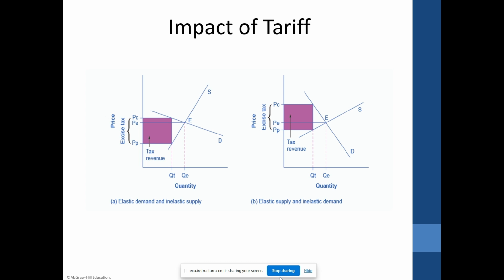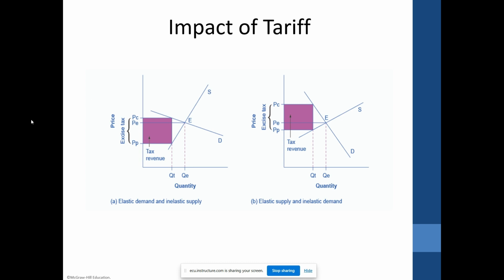Will the consumers pay for that? It depends. If the demand is elastic, or the consumers are sensitive to the price, price increases discourage them from buying dramatically.